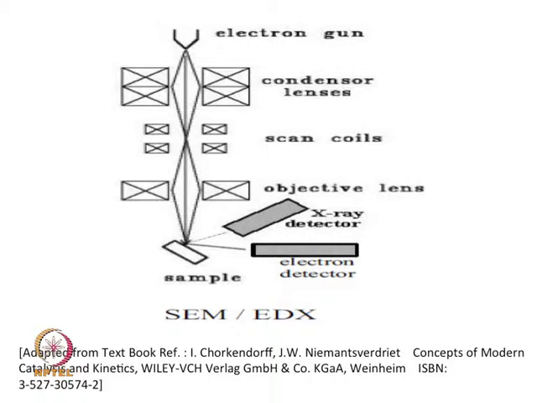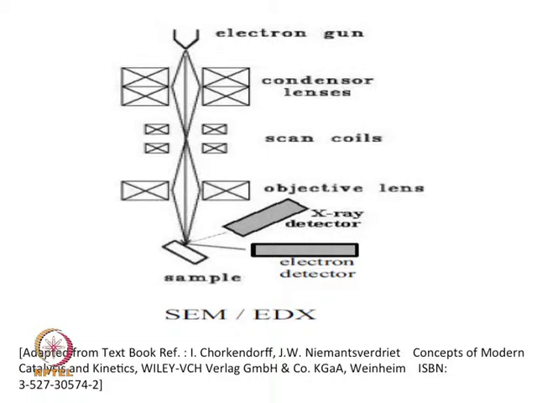So you measure the energy of these electrons, and then information can be obtained in terms of phase composition, structural composition, particle size, and morphology. So whether the particle is spherical in shape or irregular, right, cylindrical in shape, and all these kinds of information, agglomeration of the particles after reaction, can be obtained from SEM.